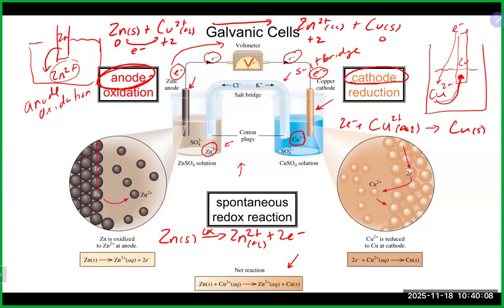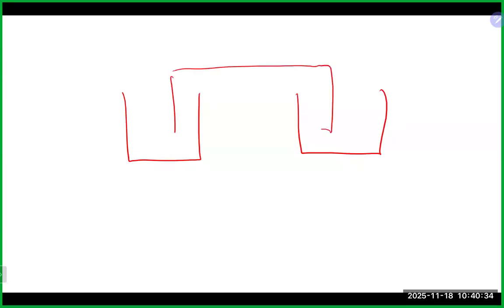If you look at the salt bridge, what it does is, for example, over here, it's going to drop some positive potassium ions in there, and negative chloride ions are going to drop into this beaker on the left. So if we take a look at this, we have our two beakers and our salt bridge, with potassium chloride in it.